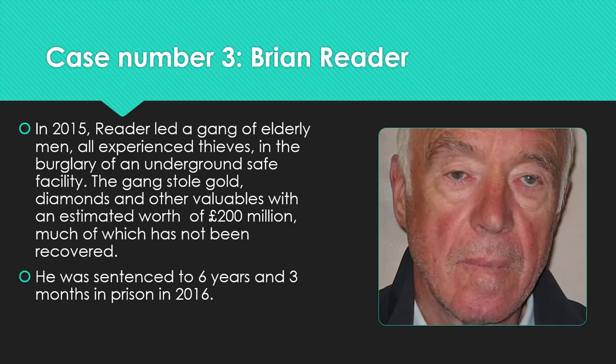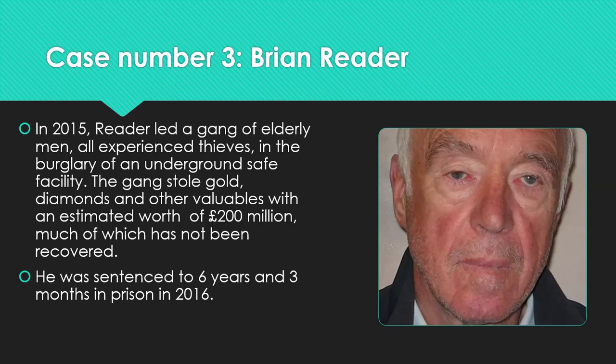Case study number 3 was Brian Reader. In 2015, Reader led a gang of elderly men, all experienced thieves, in the burglary of an underground safe facility. The gang stole gold, diamonds and other valuables with an estimated worth of 200 million, much of which has not been recovered.